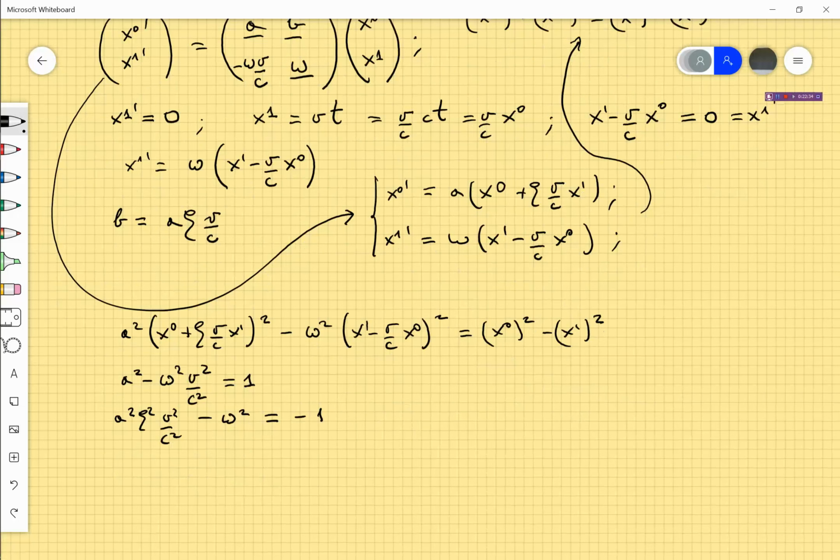And the coefficient of x0 times x1, which is 2 A squared Z V divided by C plus 2 omega squared V divided by C, this has to be 0.